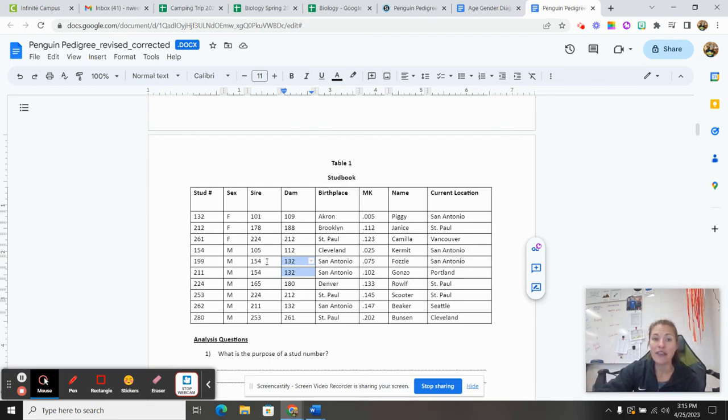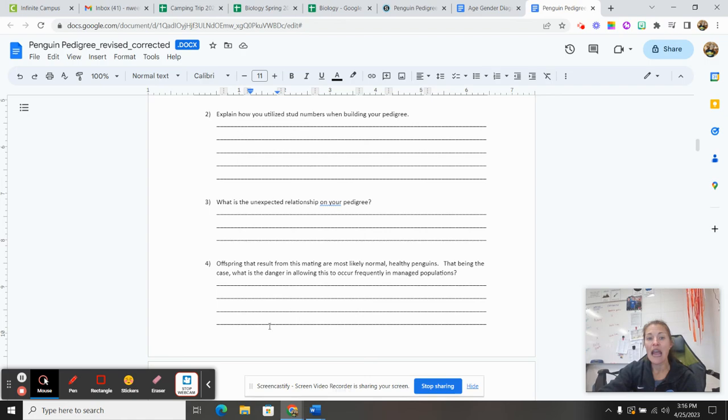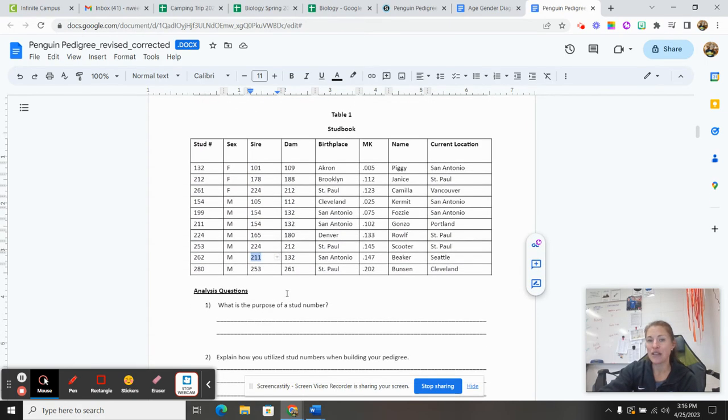And if we look at this, to make Fozzie and Gonzo, this dam was bred with sire 154. However, to make Beaker, she was bred with sire 211. And you can find some of these in the stud books as well. So I want you guys to try to make your family tree and then answer the analysis questions down below.